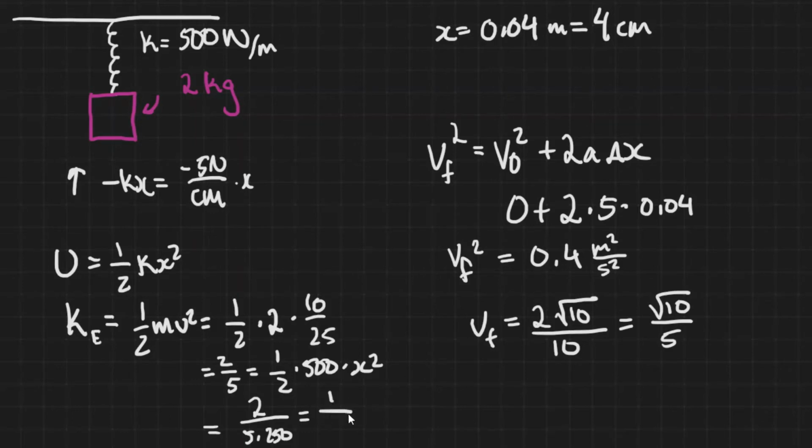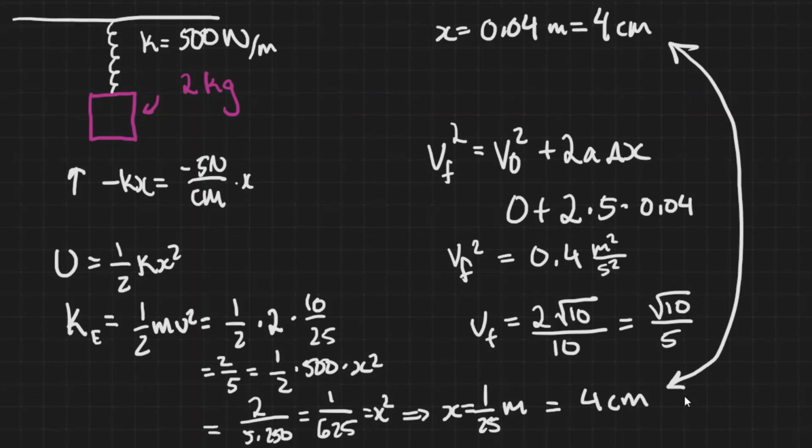This is equal to 1 over 2 times 125, 125 times 5 is 625, is equal to x squared. And so x here, the maximum amplitude, is equal to 1 over 25 meters, or 4 centimeters. So yeah, 4 centimeters. That's the amplitude if this block is dropped from that height. This block is dropped such that that's at equilibrium.